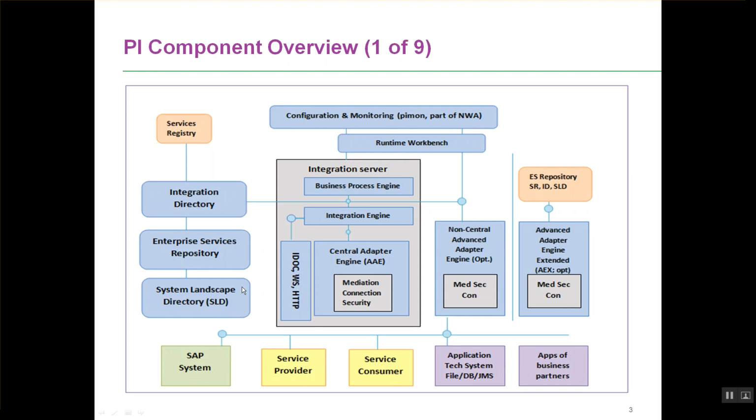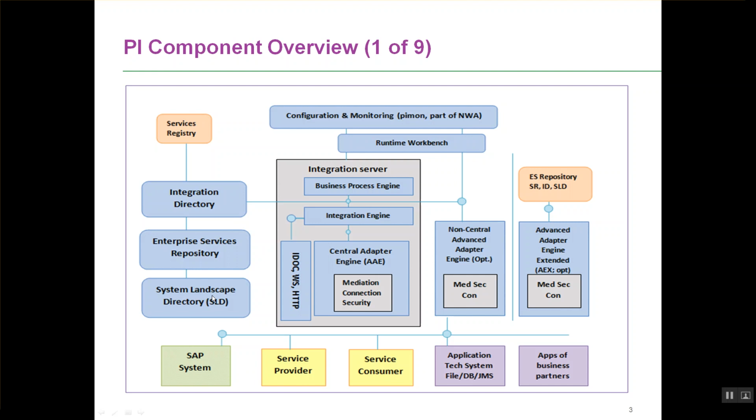So PI understands what all systems are there in a particular customer's landscape, and is able to then connect to them, and understands what their products are, what software components they have, and so on. At this point, what is essential for you to understand is that SLD is like a phone book that contains all the systems in a customer's landscape, which register themselves on the SLD, so that PI can use that information when PI is exchanging messages with these systems.